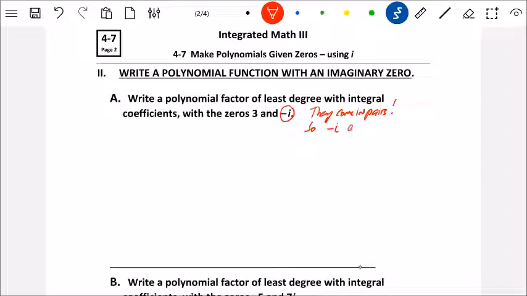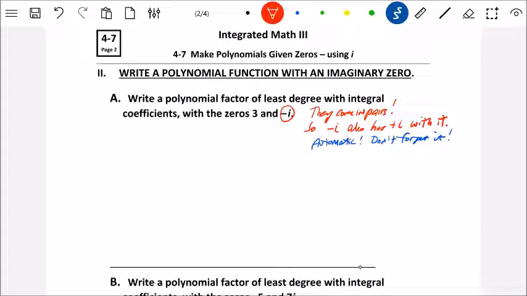So negative i also has positive i with it. So what we really have, this is automatic. Automatic. Don't forget it.